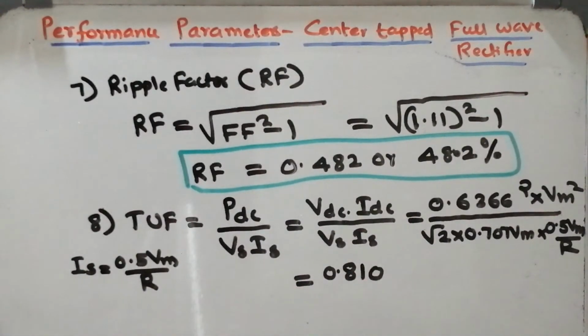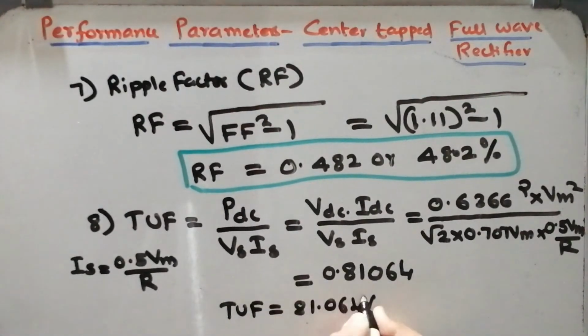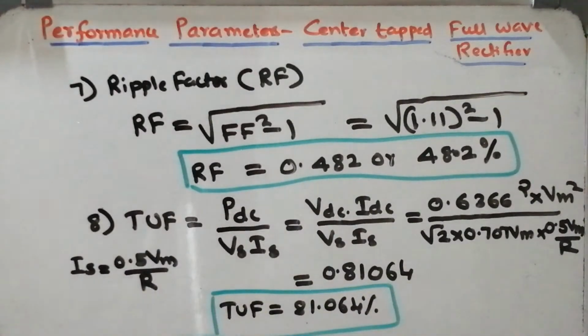You can verify the answer. If I would like to express it as a percentage, I multiply with 100, giving 81.064 percent. So this is the value of the transformer utilization factor. This also you can underline, TUF.